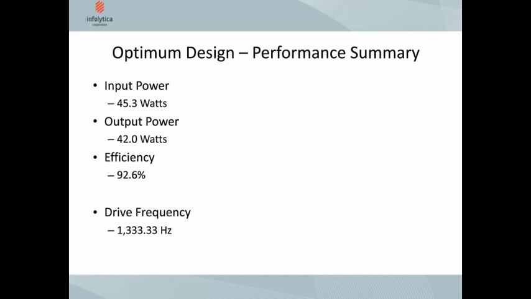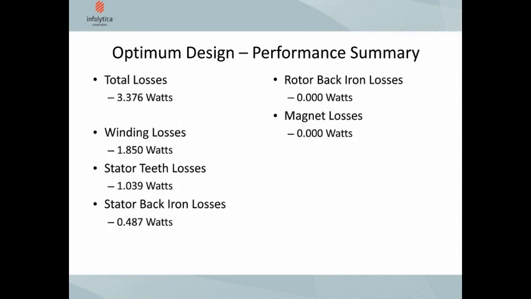The breakdown of our losses is such that we have 3 3/8 total, 1.85 in the winding itself, a little bit over 1.5 in the stator lamination. There are losses in the rotor back iron and magnet, but these are sufficiently less than the other components. Because of the air gap, they're not significant in the result of the physics.